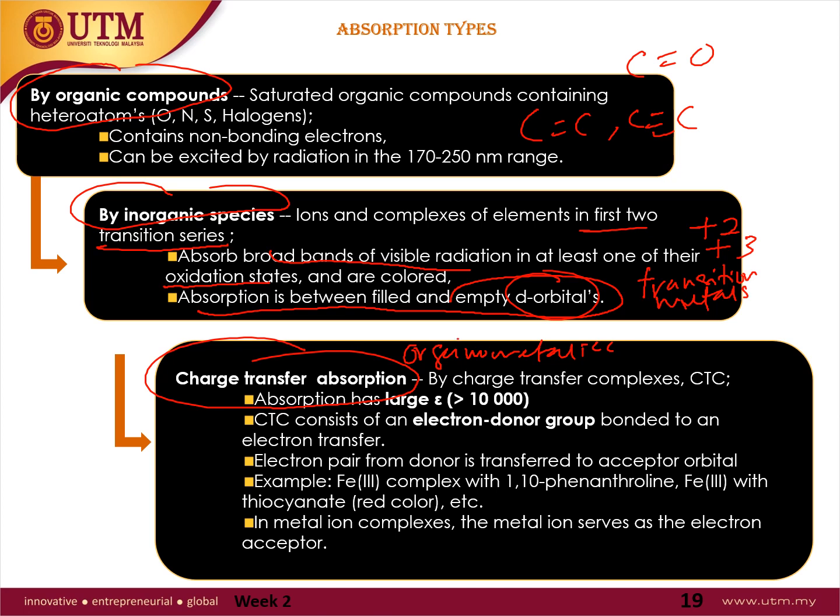Bila you dah masukkan organic compound inside the metallic inorganic species, you will have a much higher epsilon, because it contains an electron donor group, okay, which means the electron pair from the donor is transferred to the acceptor orbital. For example, iron 3 complex can be complexed with 1,10-phenanthroline, producing red color. Okay.